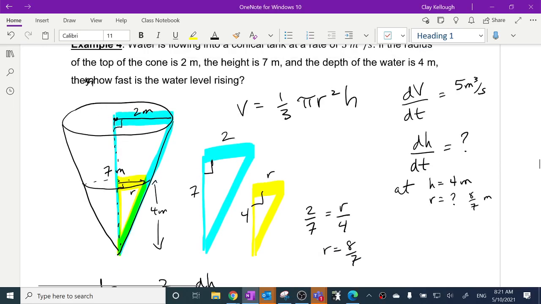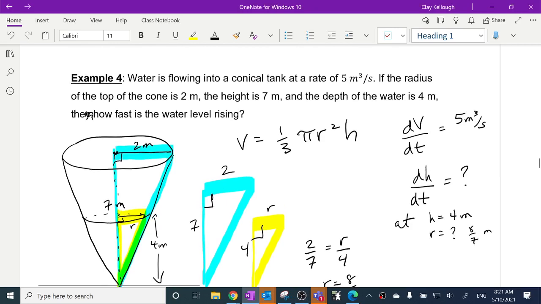Okay, so we're going to go back to example 4 from Friday, and we're going to use an alternate strategy. The way we did example 4 was we realized we needed the derivative of height with respect to time, and if you just take the formula as is and take the derivative of it, you end up with the derivative of velocity with respect to time, the derivative of radius with respect to time, and the derivative of height with respect to time.